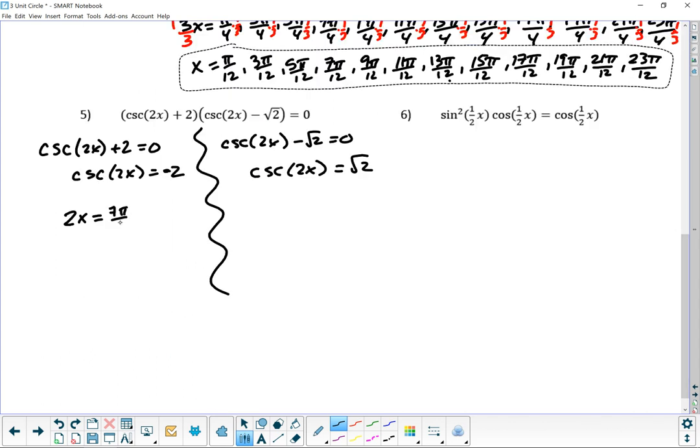Seven pi over 6, 11 pi over 6, 19 pi over 6, and 23 pi over 6. Okay, and then divided by 2, and you get 7 pi over 12, 11 pi over 12, 19 pi over 12, and 23 pi over 12.